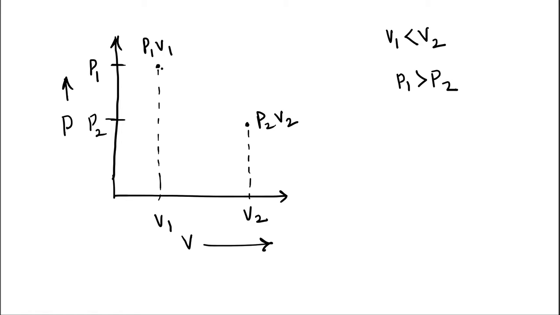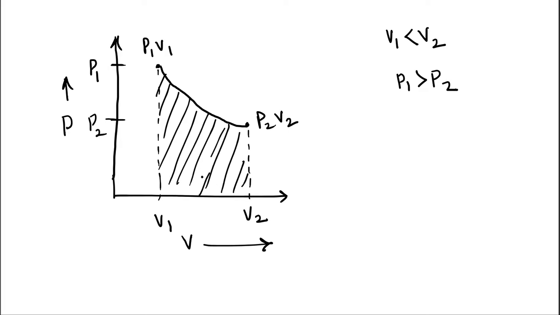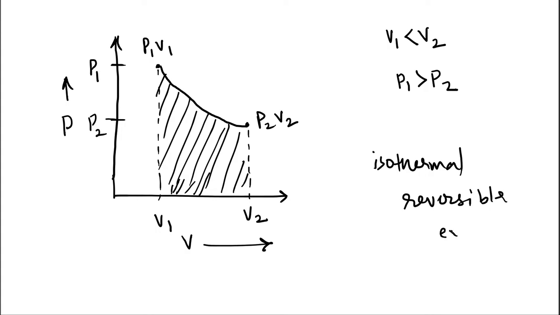So when the gas is expanding, the pressure is gradually decreasing, therefore the work done in the isothermal reversible expansion is this area. So this is isothermal reversible expansion.